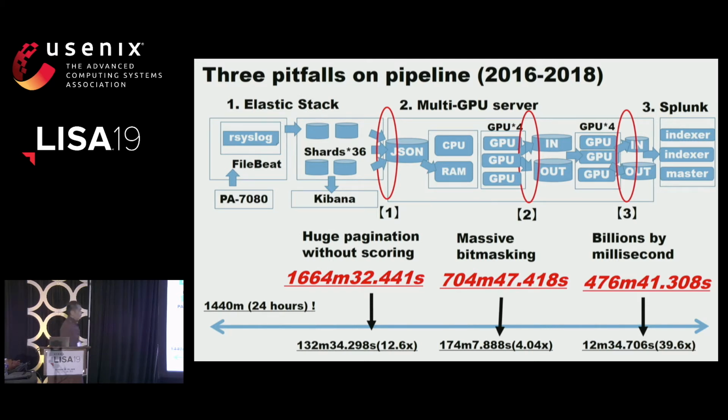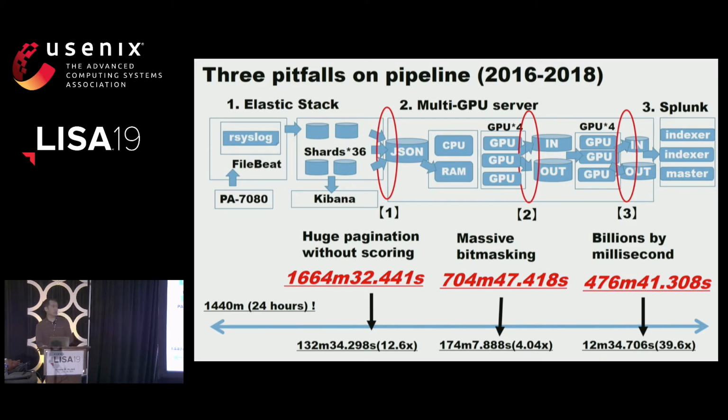And the final one is billions by milliseconds, meaning the histogramming of huge session data. On the server side, Splunk and the Elastic Stack are slow because they are memory intensive. So the histogramming on the server side using the analytics module of the database took more than 400 minutes.